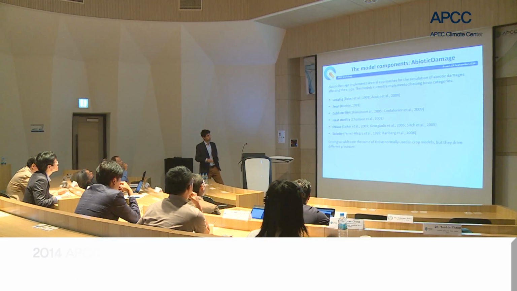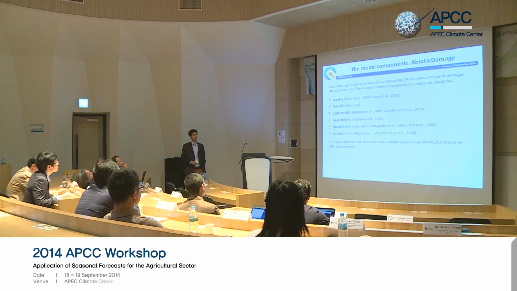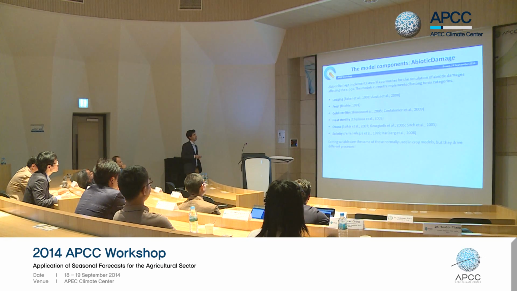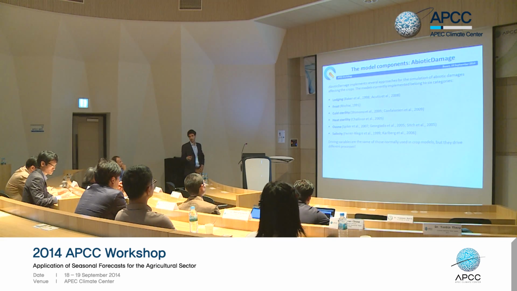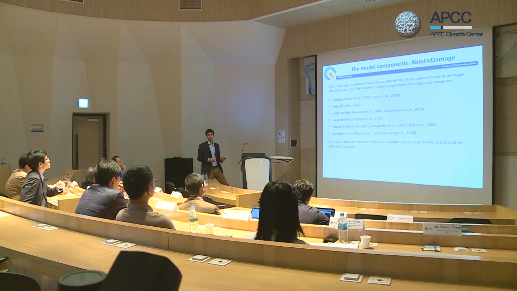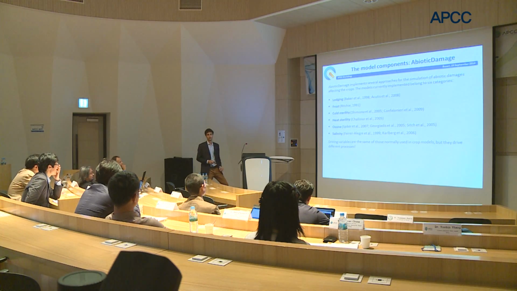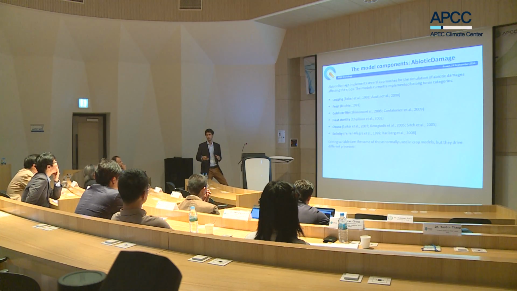Finally, the last component I want to show you is the one for simulating the abiotic damages. Abiotic damage implements several approaches for the simulation of abiotic damages affecting the crop. The models currently implemented belong to 6 categories. I mean, we have some approaches for simulating these damages, but the library can be extended with approaches implemented by us or by other research groups.